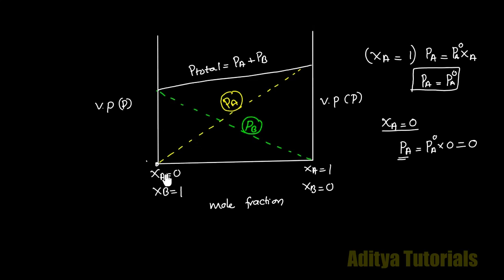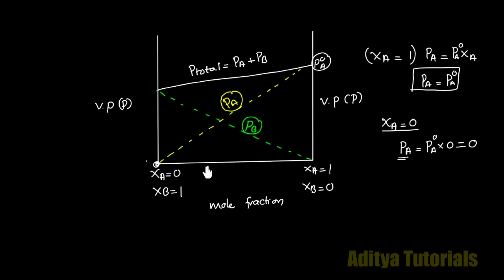Therefore, the plot of the partial pressure of A should be a straight line passing through P naught A when the mole fraction of A is equal to 1, and passing through 0 when the mole fraction of A is equal to 0.